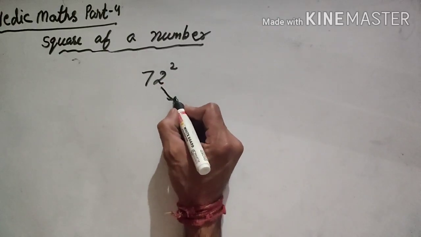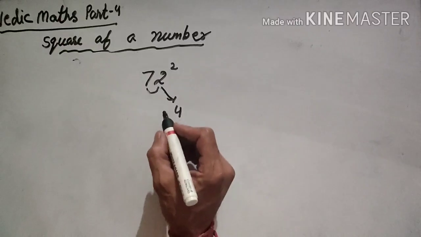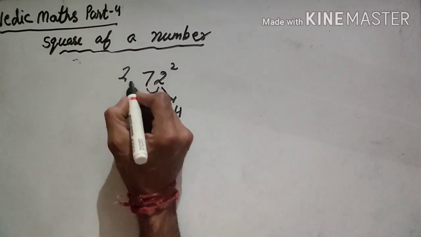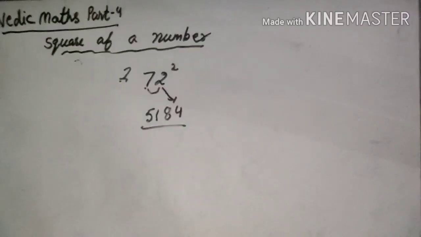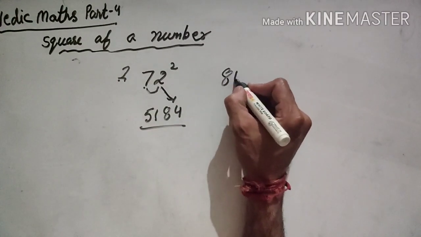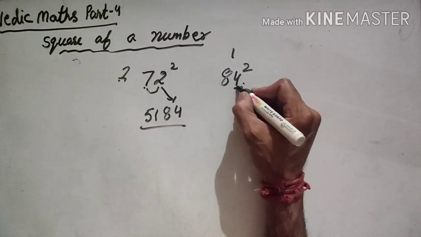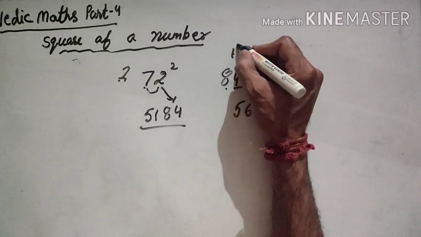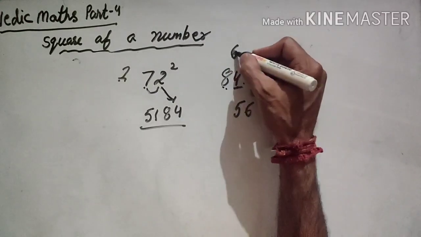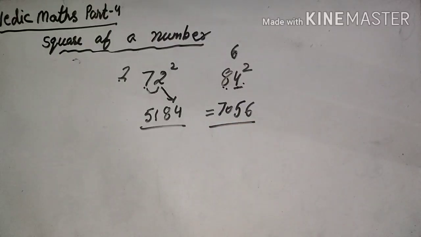First square of 2 is 4. 2 into 2 into 7, 4 7s are 28, 8 and 2 carry, 7 7s are 49 plus 2, 5184. This is the short method. Now suppose square of 84, 4 square is 16, 1 carry, 2 4s are 8, 8 8s are 64 plus 1, 65, 5 we take, 6 carry, 8 8s are 64 plus 6, 70, 7056.